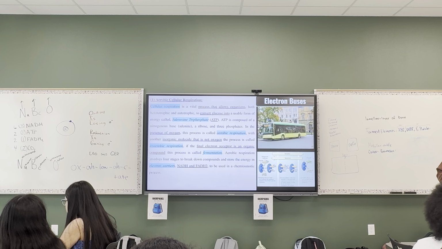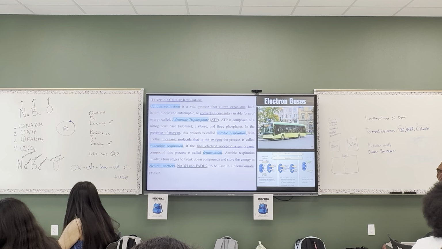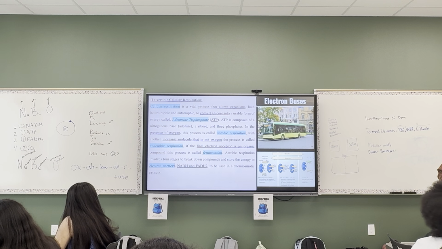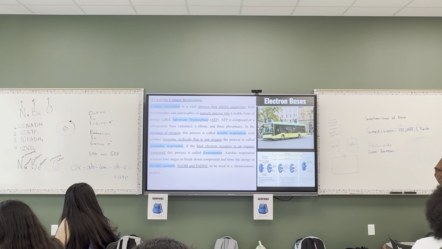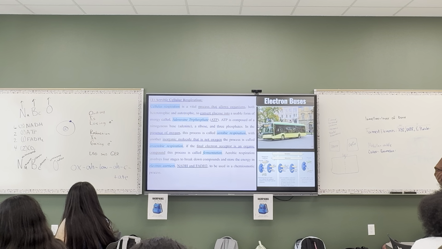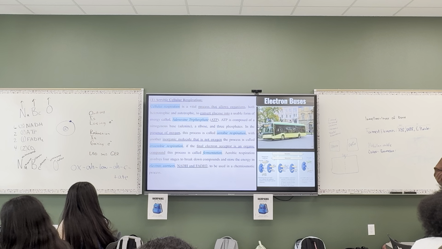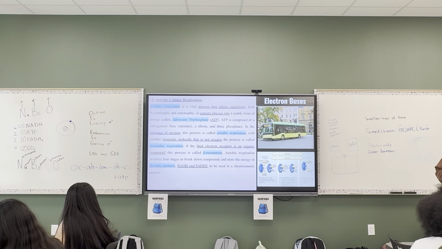They make their own glucose in a process called photosynthesis or chemosynthesis. So one more time, compare and contrast heterotrophs and autotrophs using the word glucose. Autotrophs make their own glucose, while heterotrophs consume glucose. But regardless, what do they do with that glucose? Turn it into ATP. So that's question number 2.